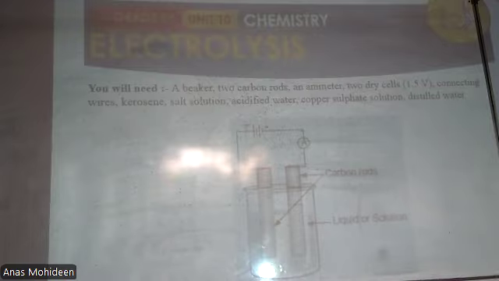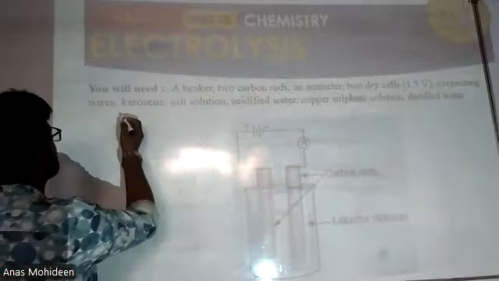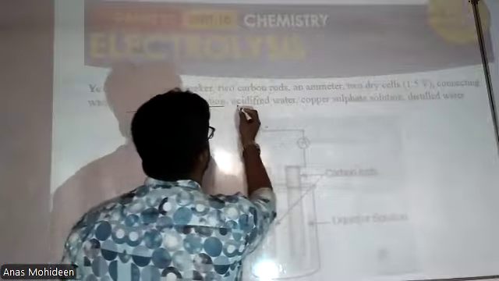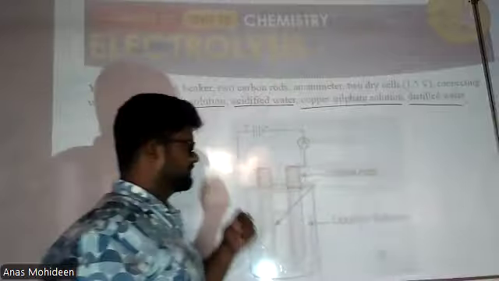Previous page, below that activity. Even before that, you have to go in order. Previous page. Solutions used, right? Only these solutions. What are the solutions? Kerosene, salt solution, acidified water, copper sulfate solution, distilled water.